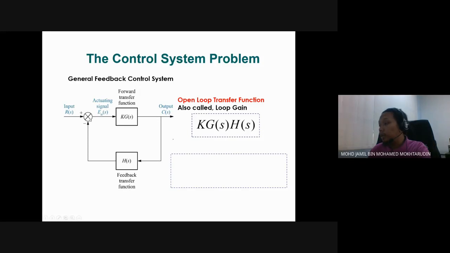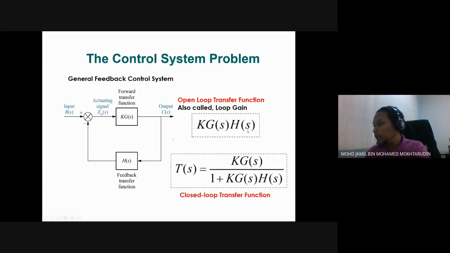When we simplify this transfer function, we have two types of gain. The first one is the open loop transfer function, which we call the loop gain, and loop gain equals kg times h. Then when we simplify the block diagram by considering the feedback, we call this the closed loop transfer function.